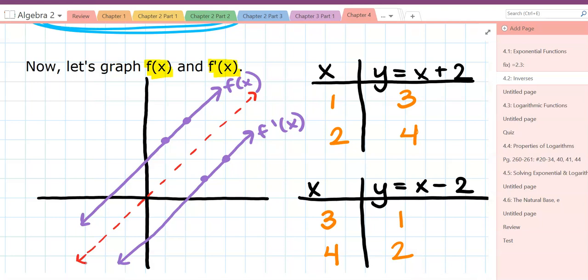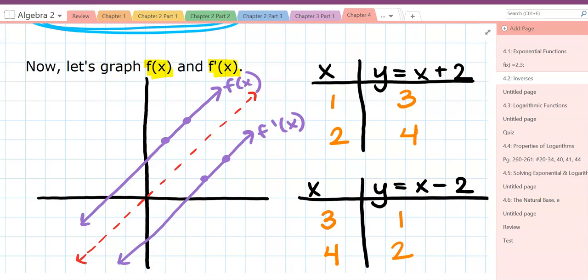But what it should be doing is reflecting one of the lines over it to get you the other graph. So there will be some cases where your lines cross. They don't go parallel like these ones do. But if you draw in that red dotted line, it's acting like the mirror of reflection for it.